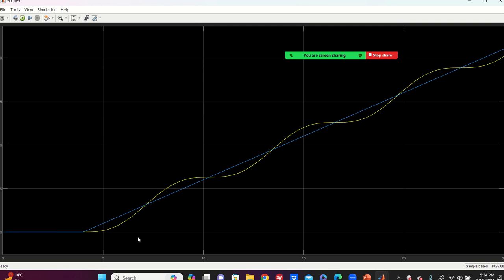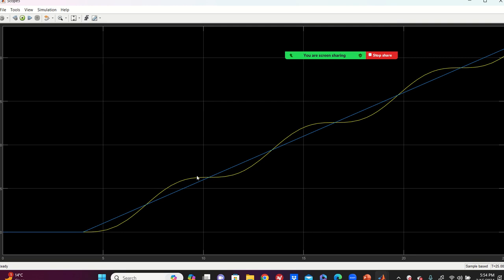There we go. This is delayed input for 3 seconds or 4 seconds. I don't remember. The output is oscillation, forever oscillation, because the system is marginally stable.